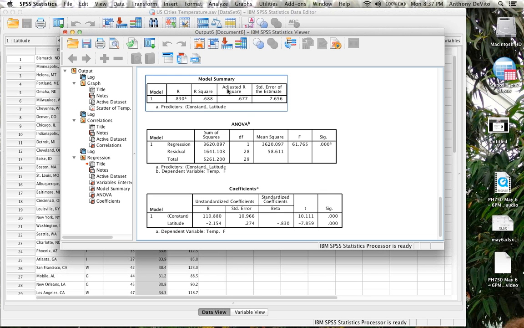So elevation, maybe some other factors: trade winds, weather patterns, mountains, and so on and so forth might account for the amount of rain that they get, and might account for that other 31%. In fact, next week we're going to be looking at something called multiple regression, where we're not just going to look at one factor.